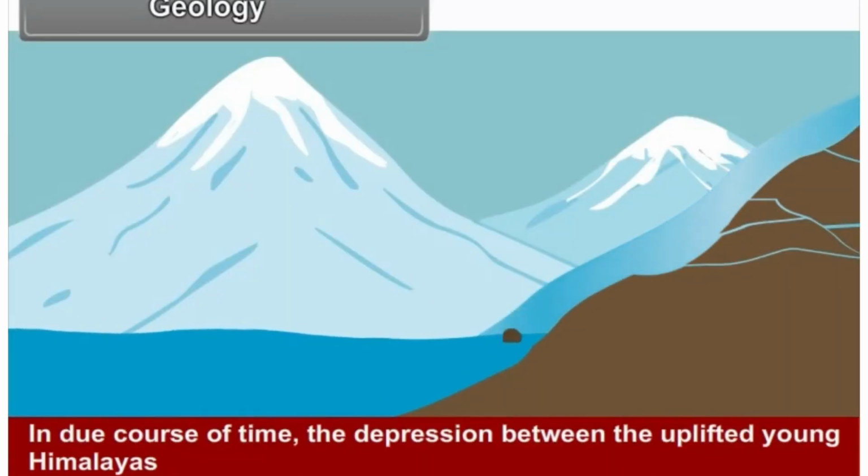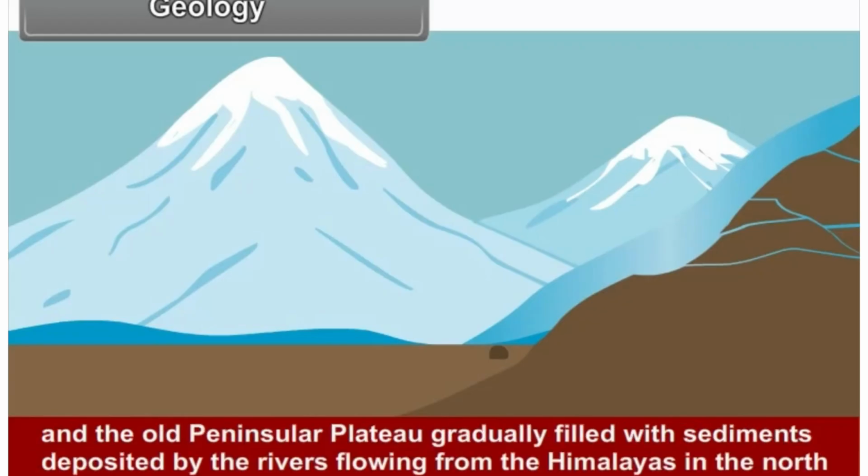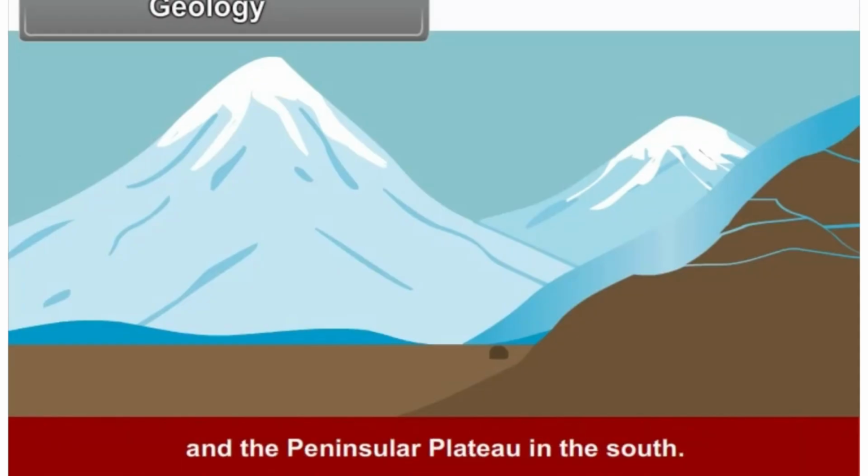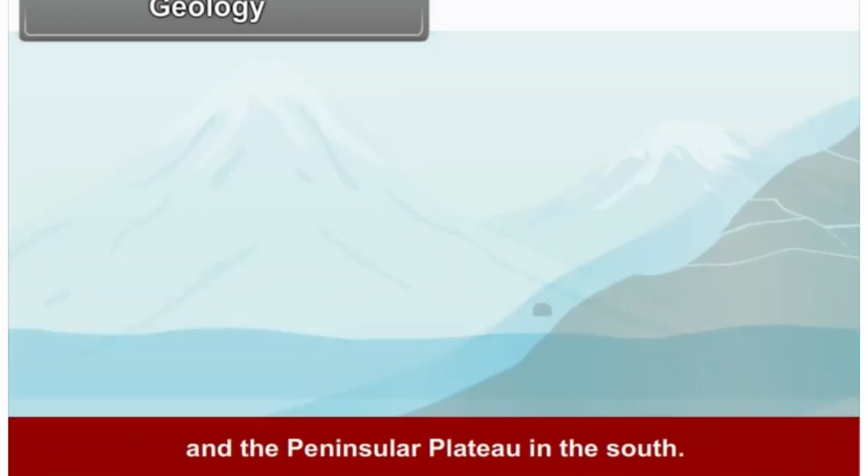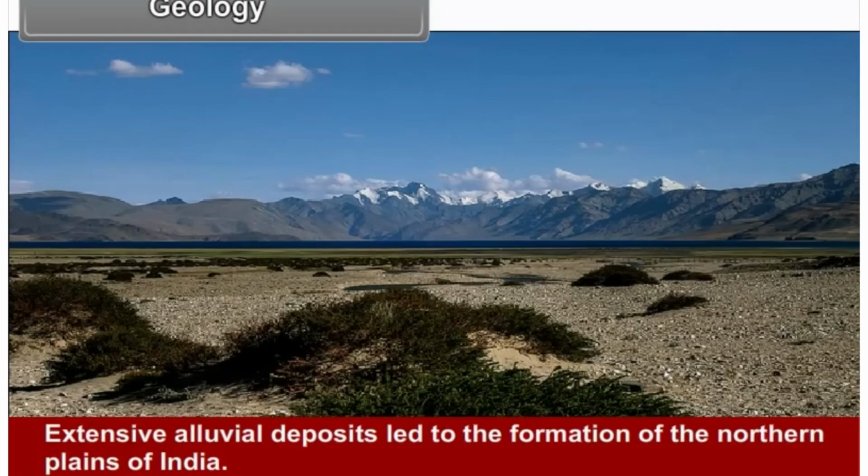In due course of time, the depression between the uplifted young Himalayas and the old peninsular plateau gradually filled with sediments deposited by the rivers flowing from the Himalayas in the north and the peninsular plateau in the south. Extensive alluvial deposits led to the formation of the northern plains of India.